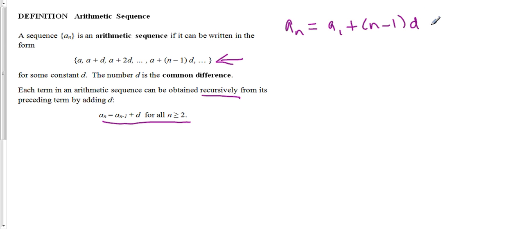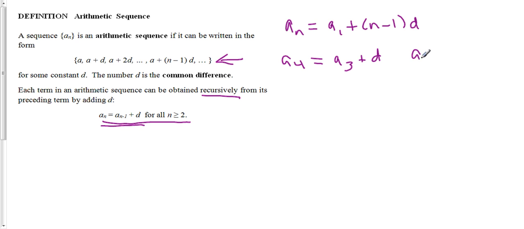Now, being that we're in calculus, you should ask yourself where this formula comes from. So let's consider the a_4 term here. Our definition down here tells us that the a_4 term is going to be equal to a_3 + d. But what's a_3 equal to?